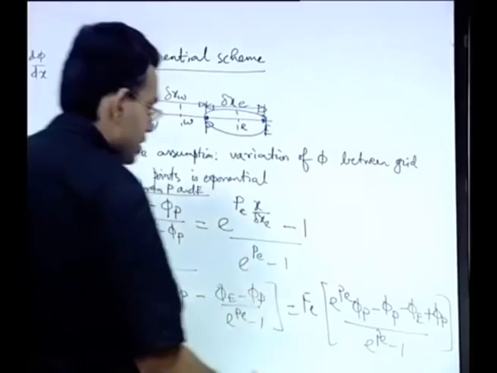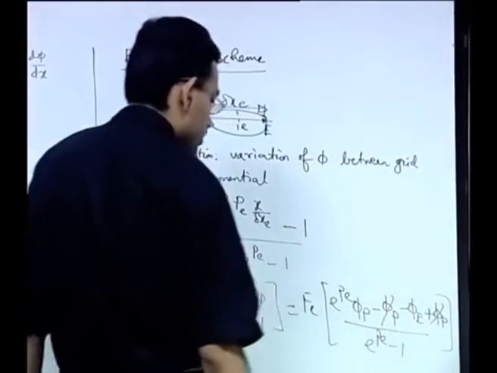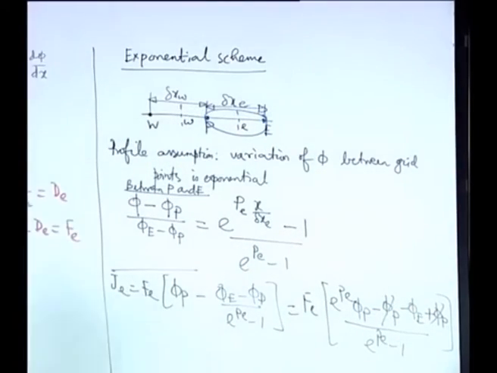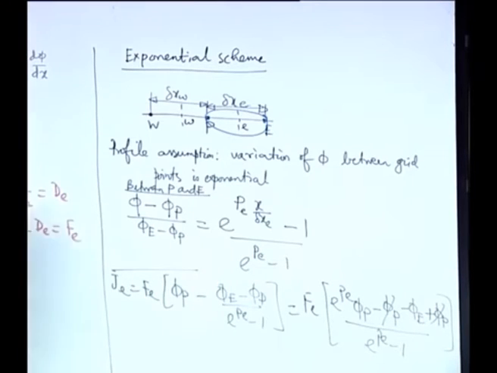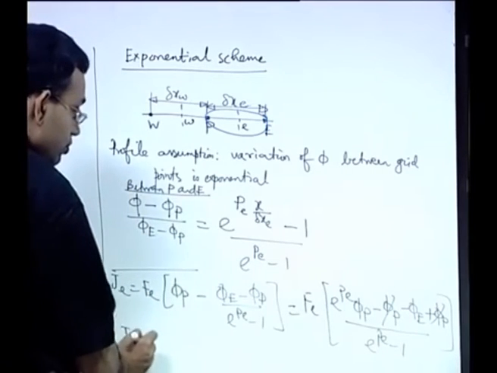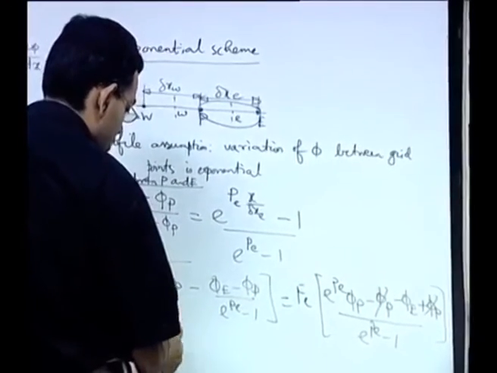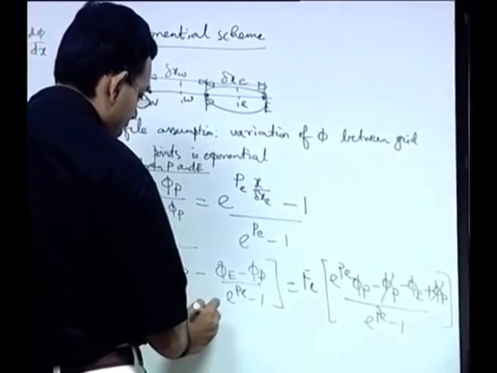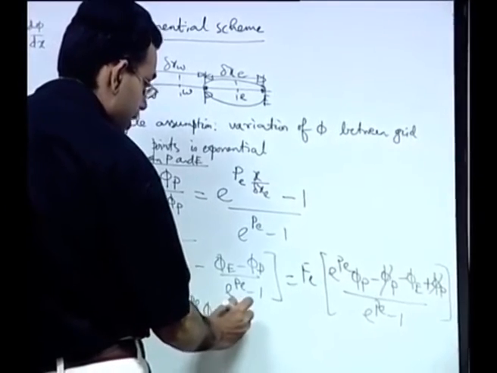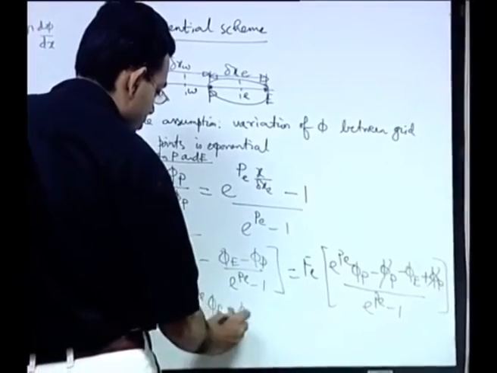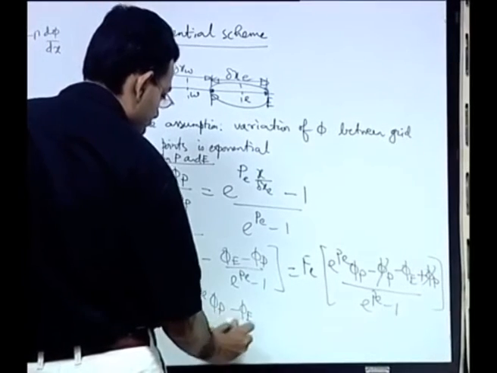So, one phi p gets cancelled, so you have J E is equal to F E, e to the power p e phi p minus phi e by e to the power p e minus 1.